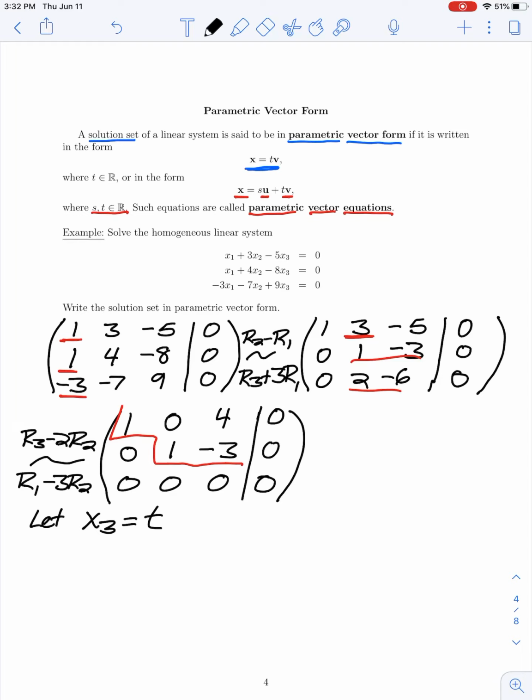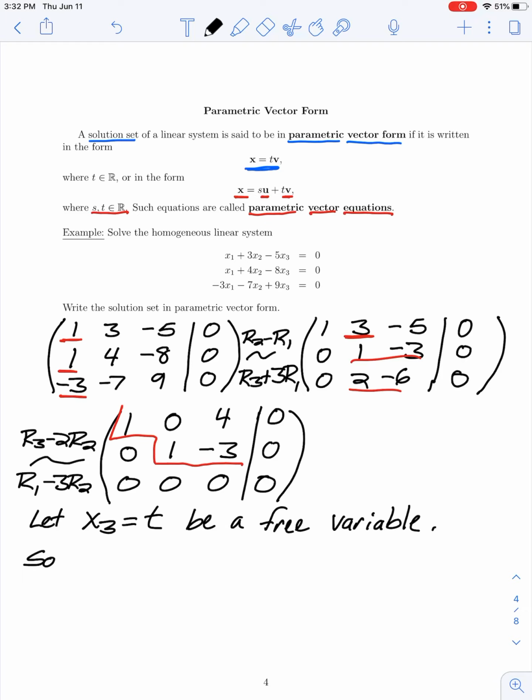We'll denote our choice of real number by t. And this is a free variable. So to solve for x1 and x2, we can use the first or second row of this augmented matrix.